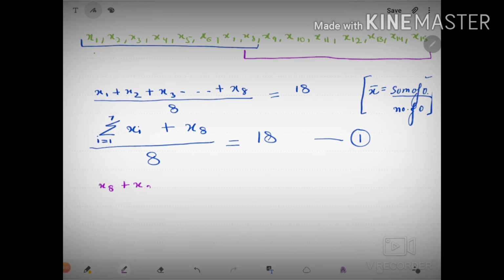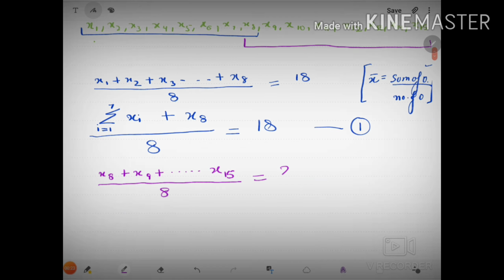x8 plus x9 and so on till x15. These are also 8 observations in number. So sum of observations divided by number of observations, divided by 8, is equal to 20 as given in the question.